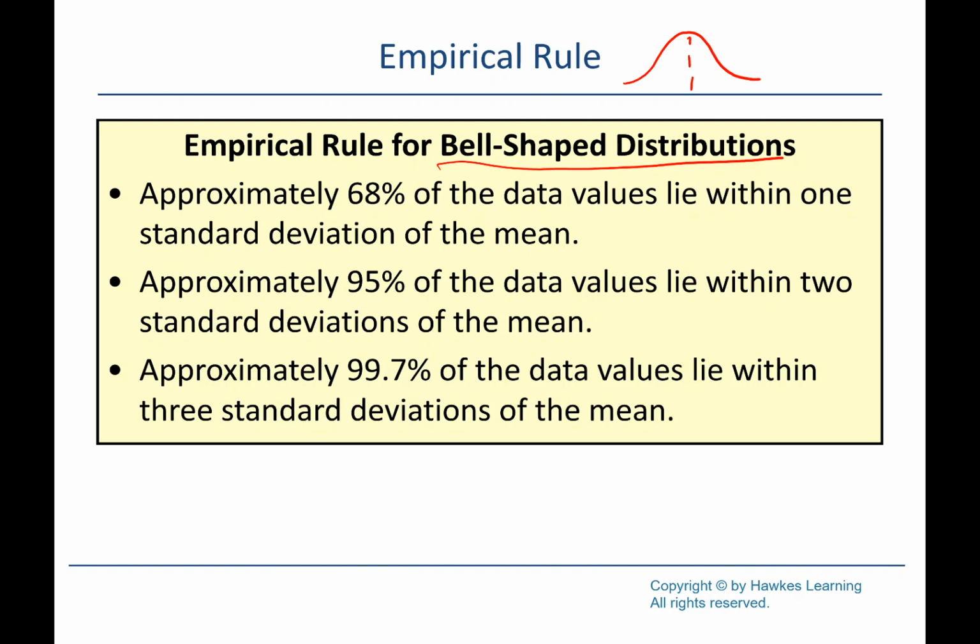The first one says that if we go out 1 standard deviation from the mean, within 1 standard deviation above and below the mean, we're going to have about 68% of our data in that range of values. So more than 2/3, 68% of our data is going to be within 1 standard deviation of the mean.